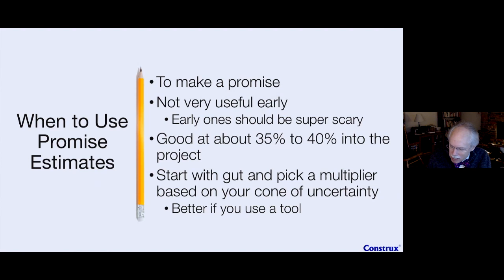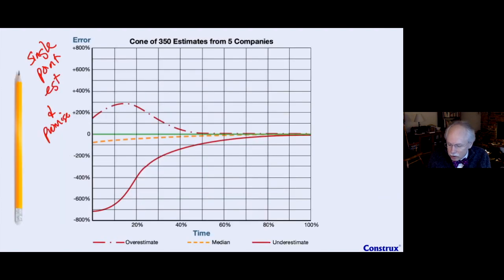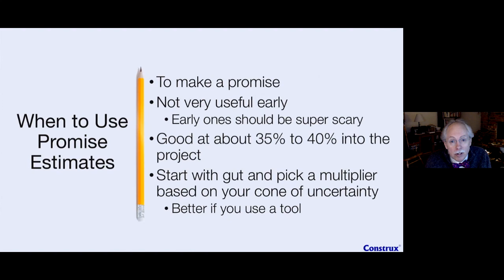So we really want to make these promises about 35 to 40% into the project, or the release, or whatever it happens to be, the scope of the stuff you're estimating. Why? Because then the uncertainty that we saw in this picture starts to drop down a lot, and we can make a promise that has a lot more meaning.